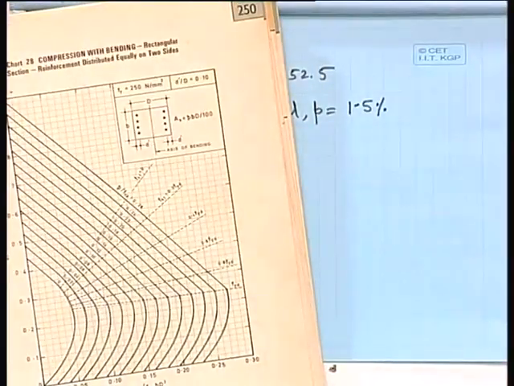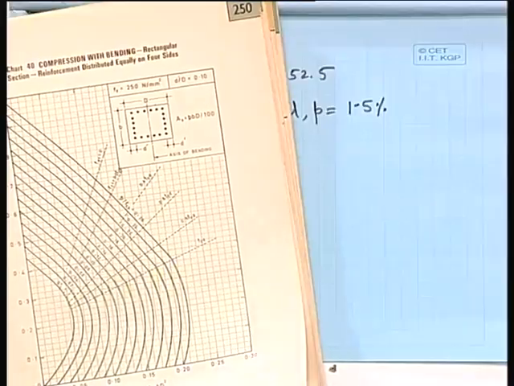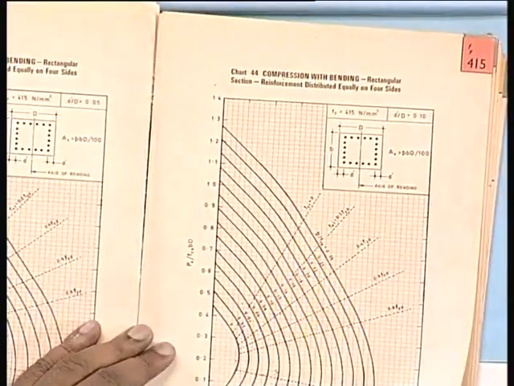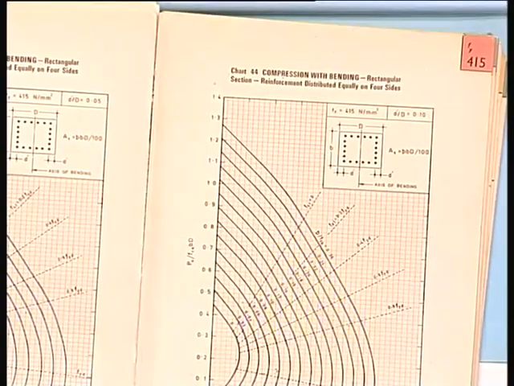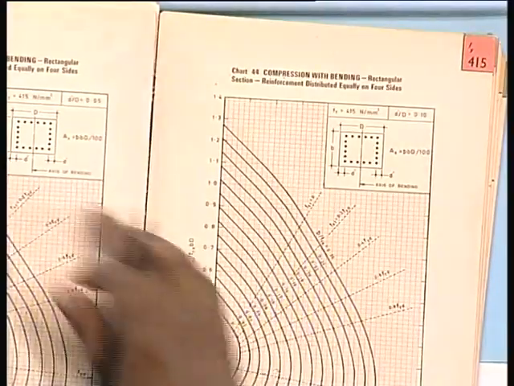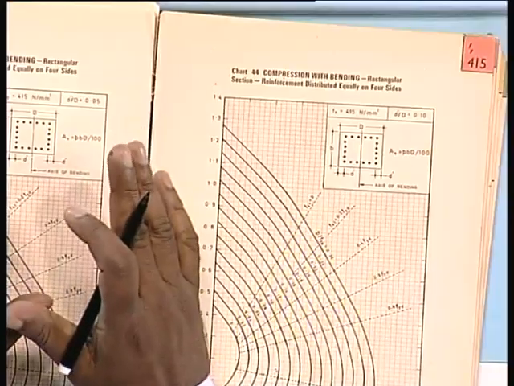What we shall do, let us take a section, we shall go a little further, and see what SP16 says. Our charts will start from, we shall assume that we provide the reinforcement on all four sides, because we are talking about biaxial bending.